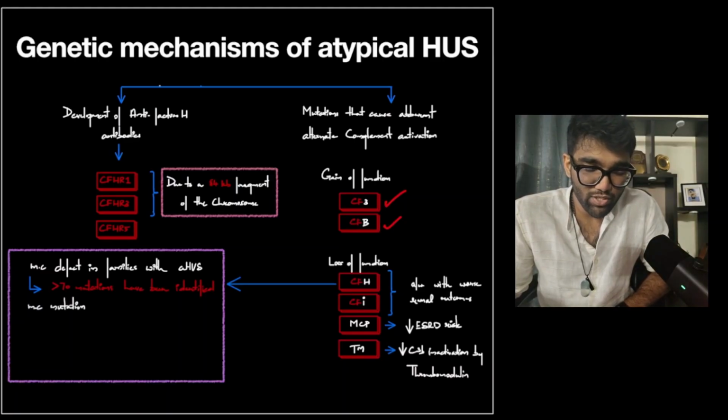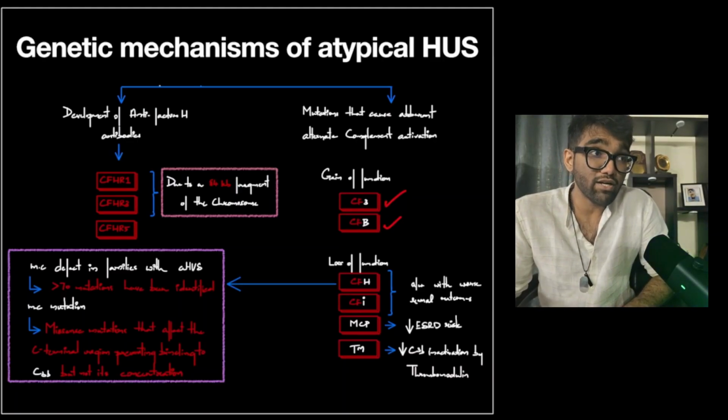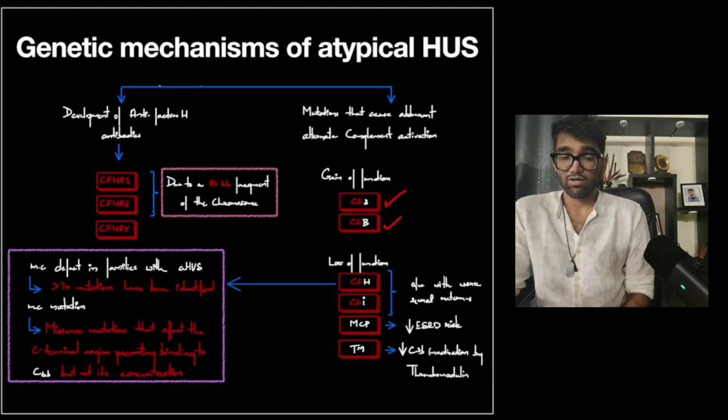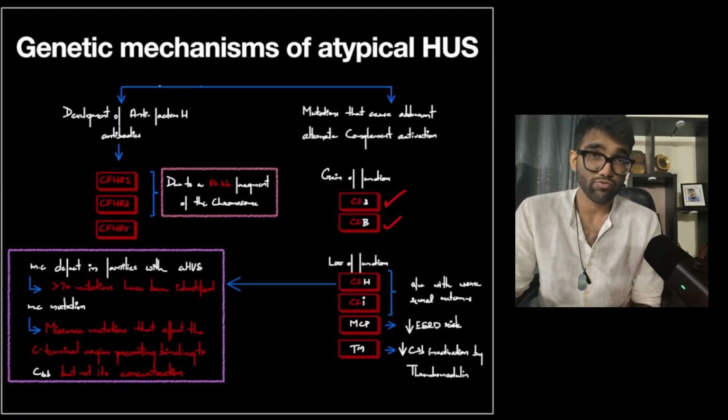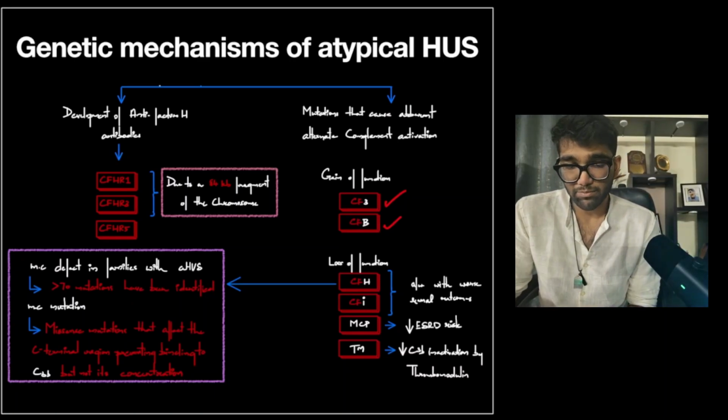Around 70 such mutations have been found in the complement factor H gene, which are known to be pathogenic. The most common mutation is a missense mutation that affects the C terminal region, preventing binding to C3b but not affecting the concentration of your complement factor H. So if you measure complement factor H level, it will be normal, but functionally it cannot bind to C3b.